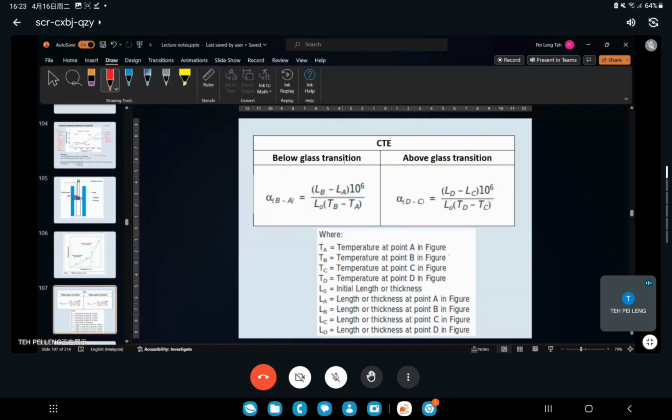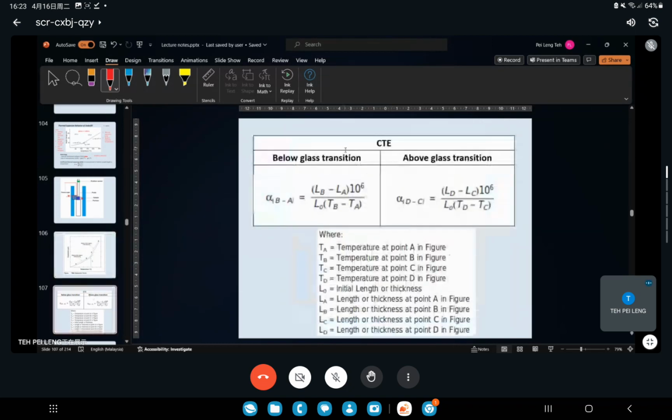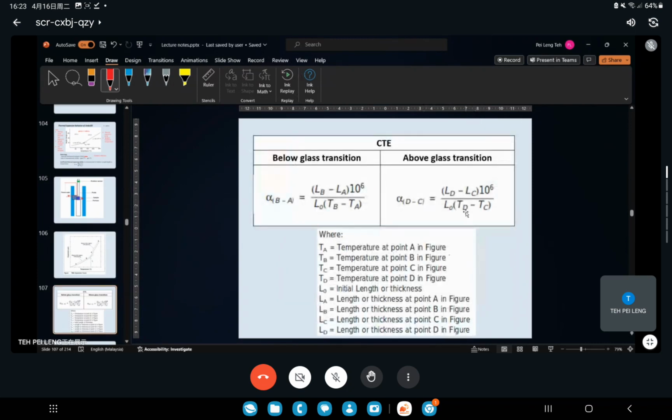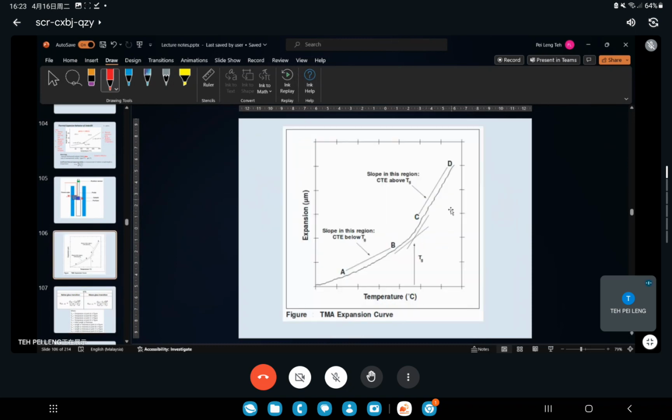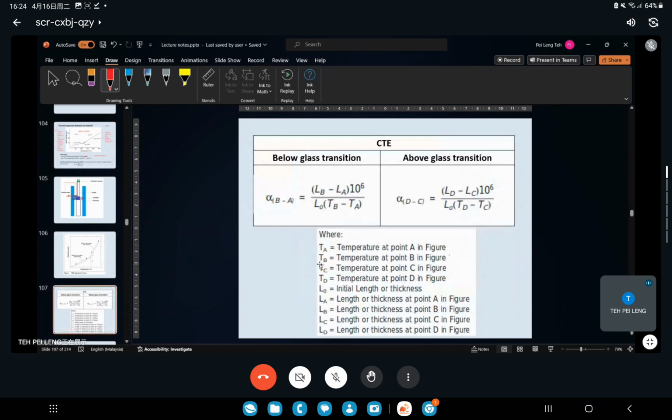So this is below TG, so you take the region A to B. After TG or above TG, you take the region C to D. So y2 minus y1, so LD minus LC divided by TD minus TC. TD is the temperature. So if you are confused, just this one shall do.